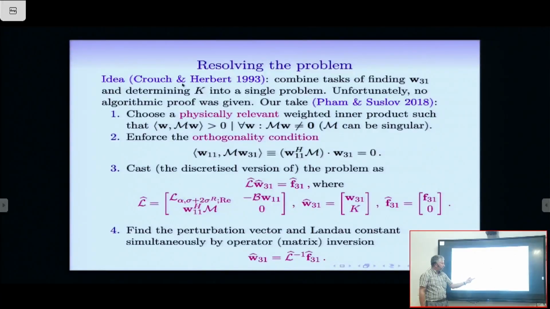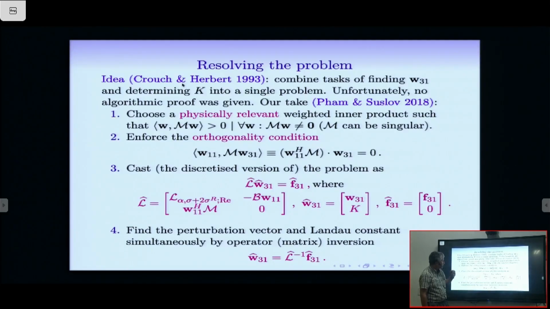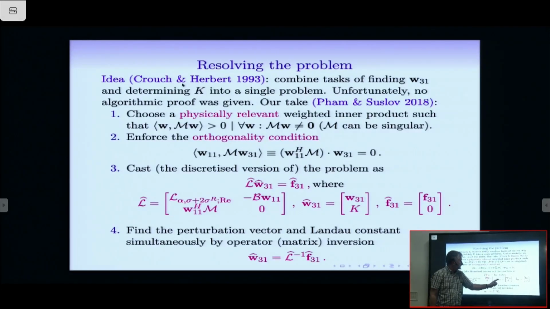To my slides. So let us look at what I have here. So what I have here is a modified operator. So remember, before we solved the problem, L of alpha, sigma plus 2 sigma r, equal to the right-hand side F31 plus constants of whatever was there.